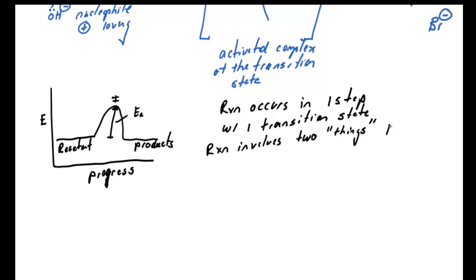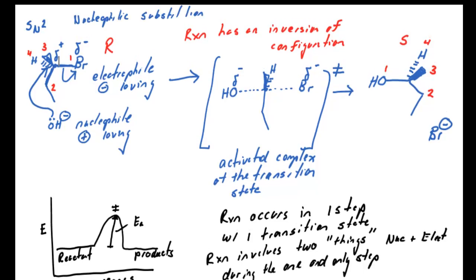And in this case the reagents are, of course, the nucleophile plus the electrophile. So we've got the nucleophile and the electrophile, and they're both involved during the one and only step in this case. Now you're going to see another mechanism where there'll be two steps, but in this case there's only one step. Now let's just verify. We'll come back up here. So we say that this reaction is an SN2 reaction, right? Because it involves two things.